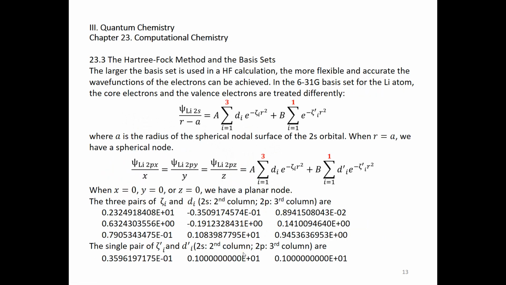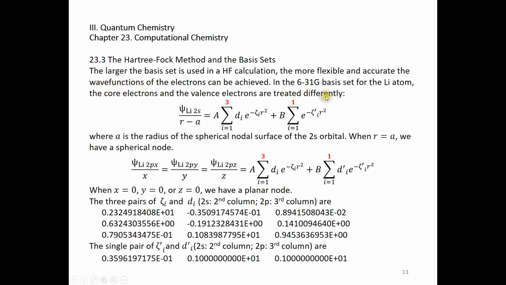Again, the larger the basis set used in the Hartree-Fock calculation, the more flexible and more accurate we can achieve. In the 6-31G basis set for the lithium atom, again, the core electrons and the valence electrons are treated differently. We use a linear combination of 6 Gaussian functions for the core electrons.